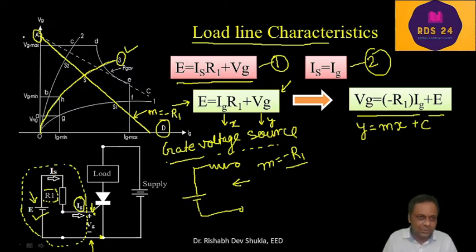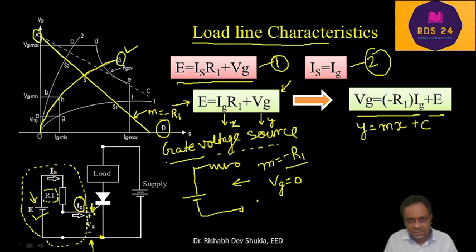Now what are these points A and D? We have to find out these points. In order to find them, firstly we put Vg equal to 0 to find the value of Ig. If we put Vg equal to 0 in this equation, what will we find?